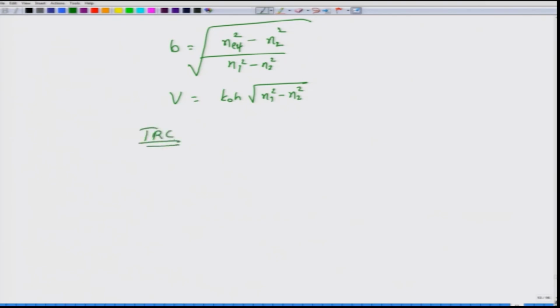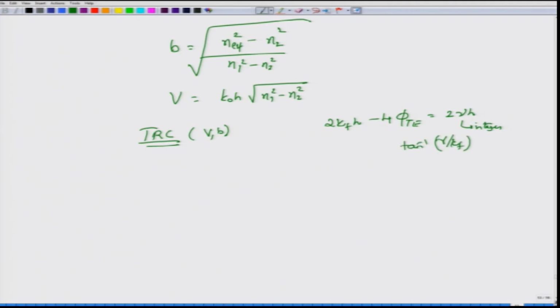Then from the transverse resonance condition, you express the condition in terms of V and B. The transverse resonance condition, if you remember, was 2 kappa f h minus 4 phi TE for the TE modes being equal to 2 nu pi, where nu was the integer as we have seen earlier, and phi TE was tan inverse of gamma by kappa f.